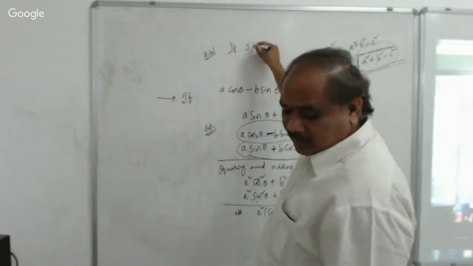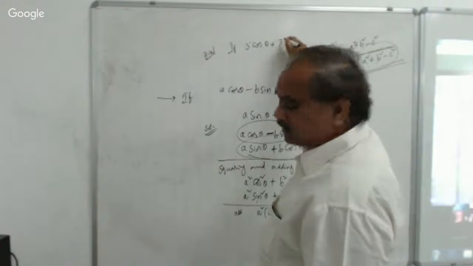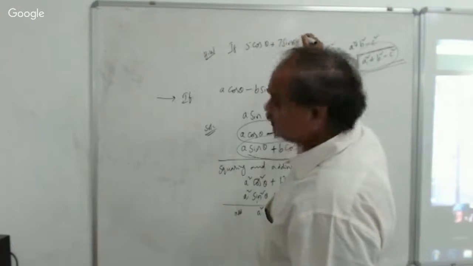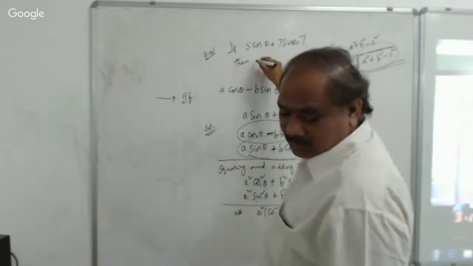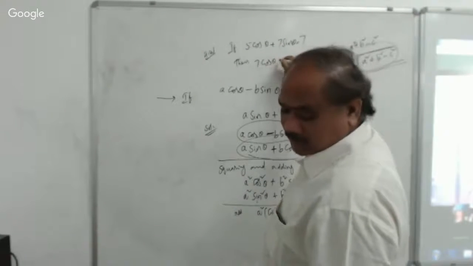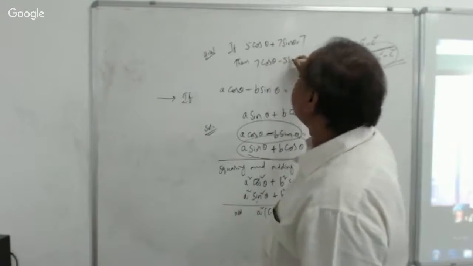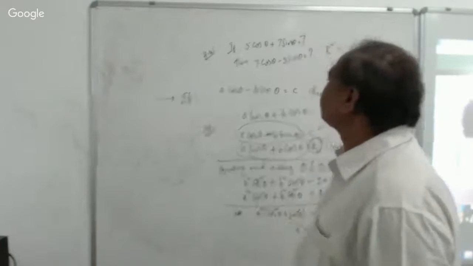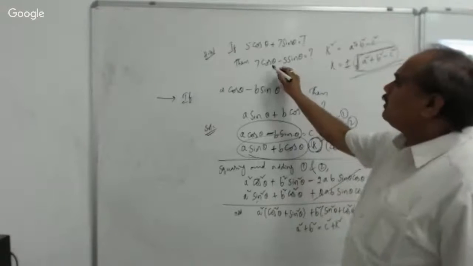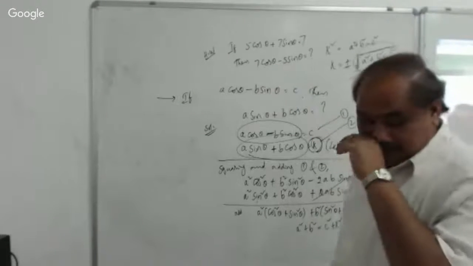If 5 cos theta plus 7 sin theta equals 7, then 7 cos theta minus 5 sin theta equals x. Same, squaring and adding, you will get the answer. Okay?